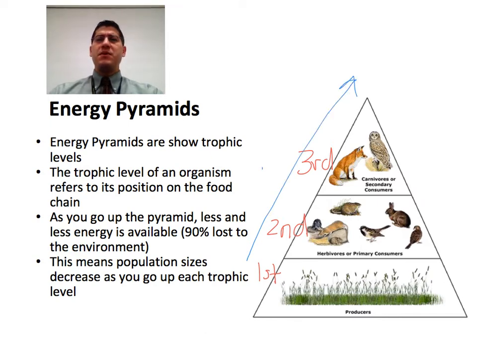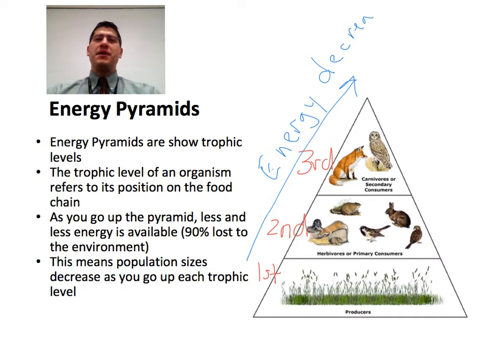So trophic levels can be represented with a pyramid to show the decrease in energy. Less energy is available for consumers at each level of the energy pyramid. Specifically, as you recall, only about 10% of the total energy at one trophic level is passed on to the next higher trophic level.